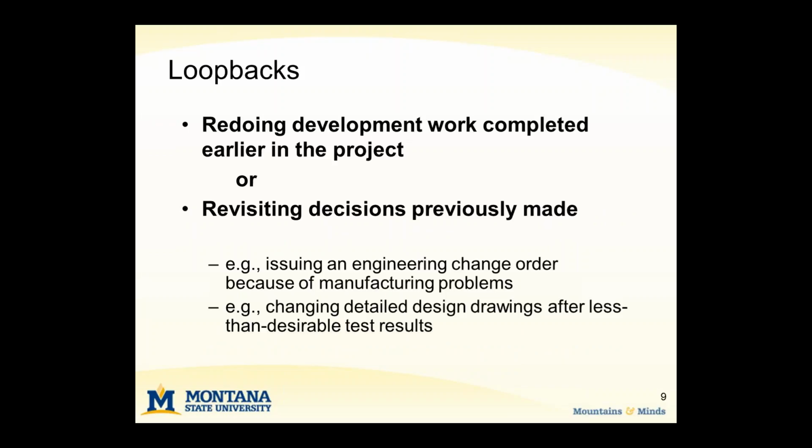So in the prototype test failure situation there, we went in with a certain decision and then we were surprised by the results, and so we're going to have to redo some development work, some design work, some engineering analysis work to bring that design in compliance with our design requirements.